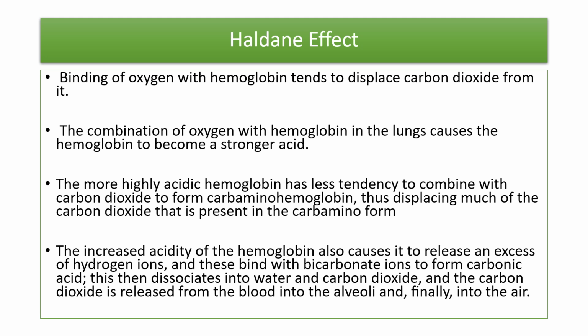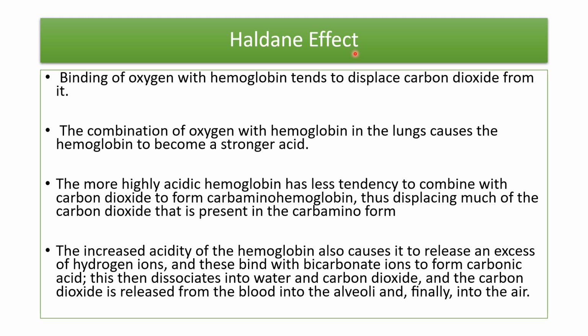Now, an important phenomenon in the transport of carbon dioxide is the Haldane effect. We know the Bohr's effect happens at tissue level, in which carbon dioxide decreases the affinity of hemoglobin for oxygen and displaces or offloads it.